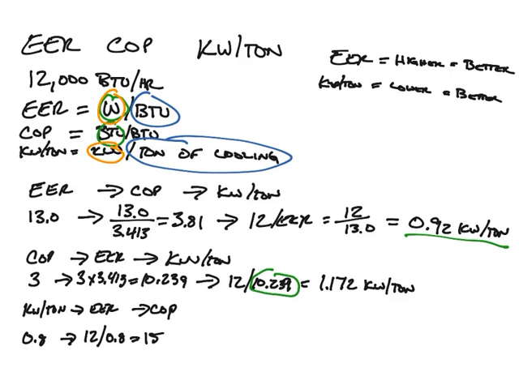Then to get to COP, we know that COP is EER divided by 3.413. So 15 divided by 3.413 equals a COP of 4.395.